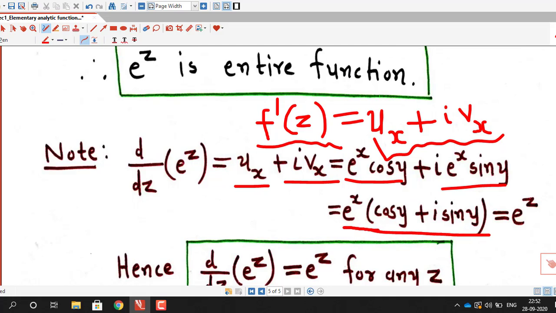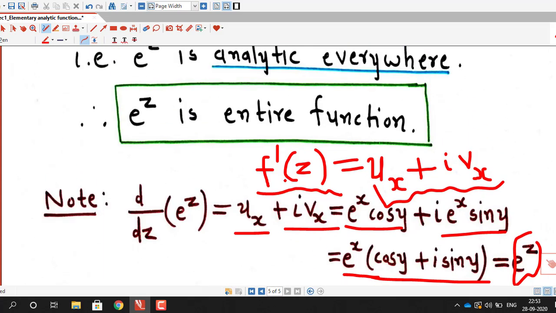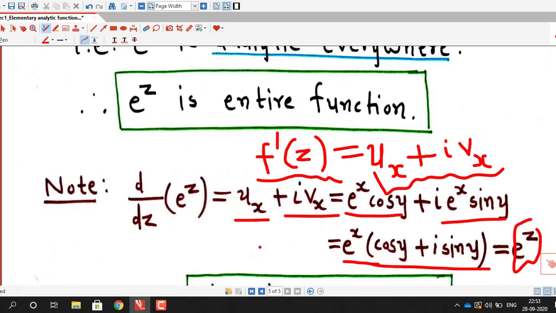But this is nothing but the definition of e raised to z. So what we have shown is that the derivative of e raised to z is e raised to z at any point z in the complex plane. Okay, so this is the reason why e raised to z is differentiable at every point in the complex plane.